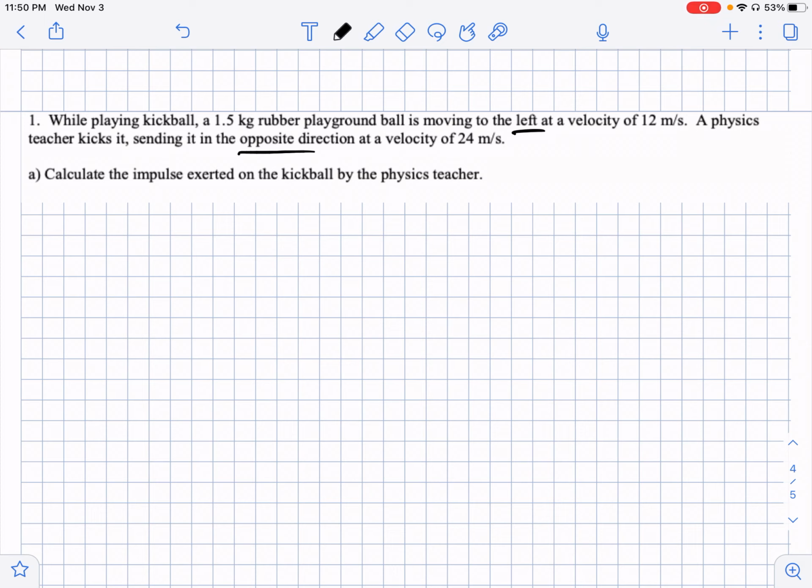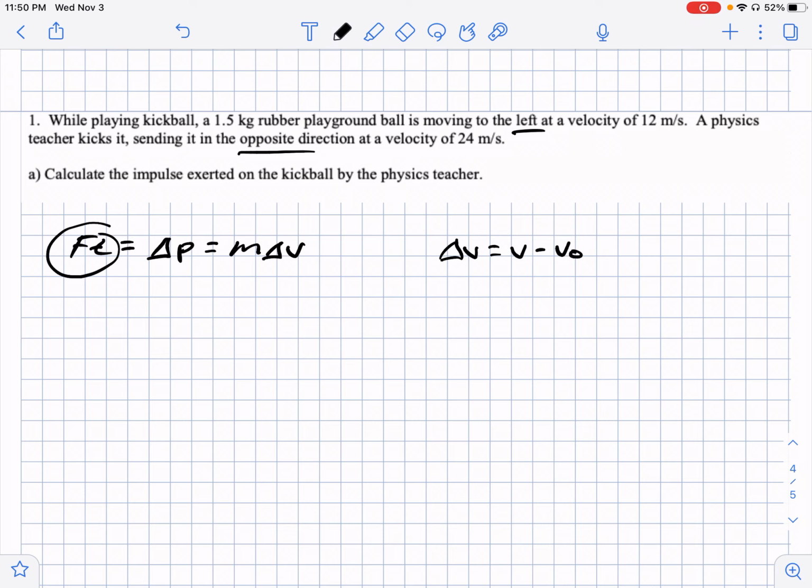So the equation that we just talked about, since it's one object, we're trying to solve for this impulse, right? Force times time. And that's going to equal a change in momentum. And since it's just one object, it would be the mass of that object times the change in velocity. And remember, your delta v, your change in velocity, is just going to be the final velocity minus your initial velocity.